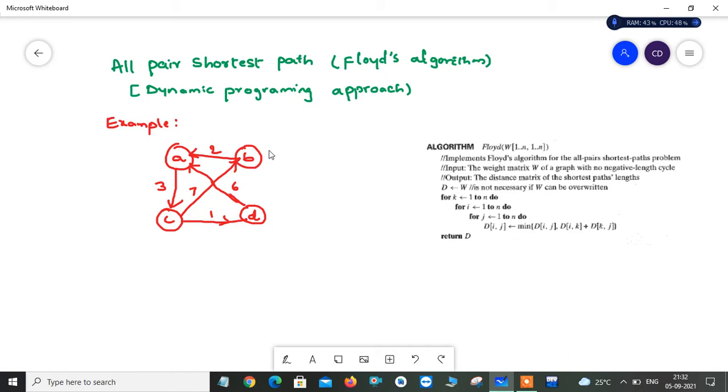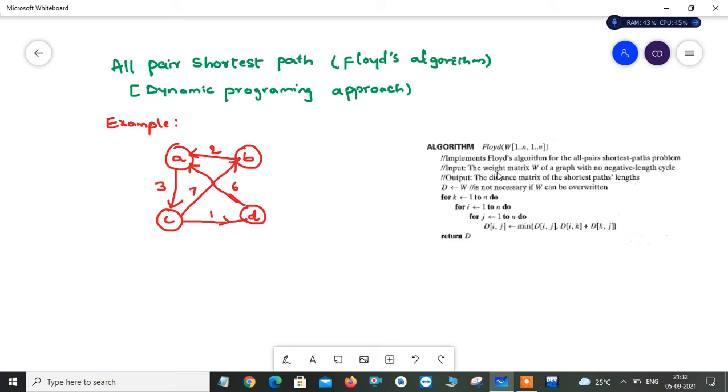We can go through an example here, but before solving this, we'll see the algorithm. This is an algorithm for solving all pair shortest path using Floyd's.